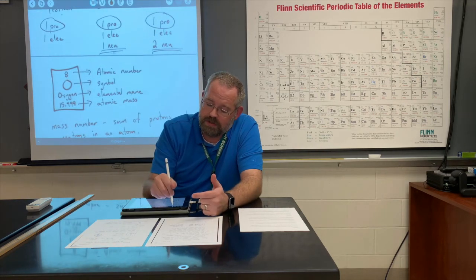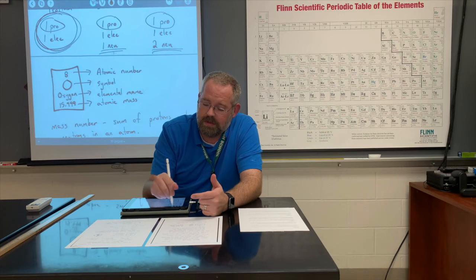Now, usually, when we talk about the mass number of an element, we're talking about the most common. As I told you, protium is the most common form of hydrogen in the universe. And when we talk about the mass number of hydrogen, we're usually referring to that one. So the sum of protons and neutrons in protium is 1 because there's no neutrons. Okay.